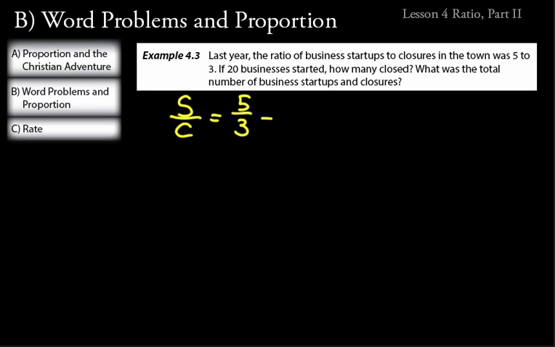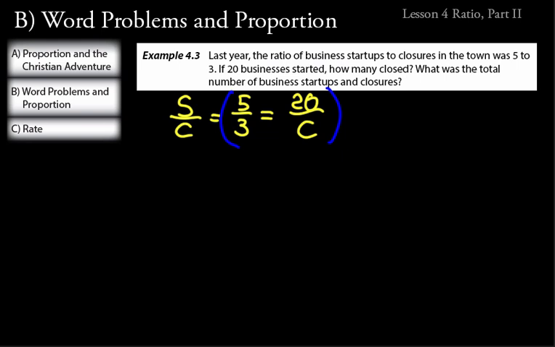So a proportion. We need to set up a proportion. 5 to 3 equals 20 startups over C for closure. We don't know that one, but we have 3 of 4 values there, right? So we have a proportion equation, a proportional relationship set up, and we can solve for the one unknown.